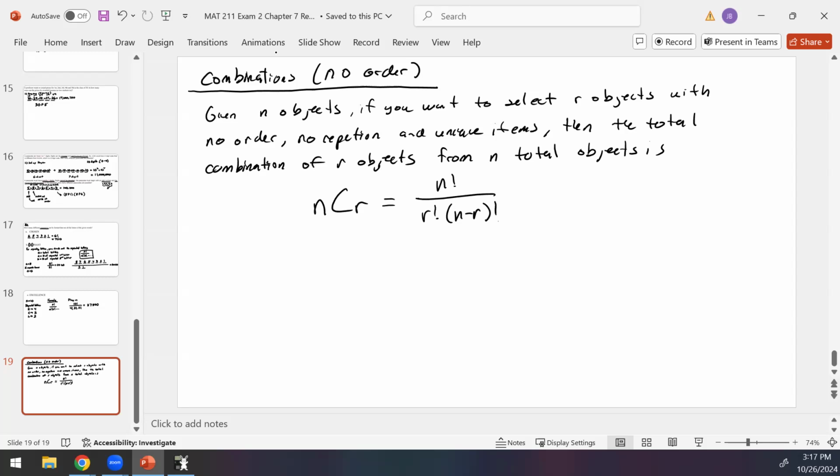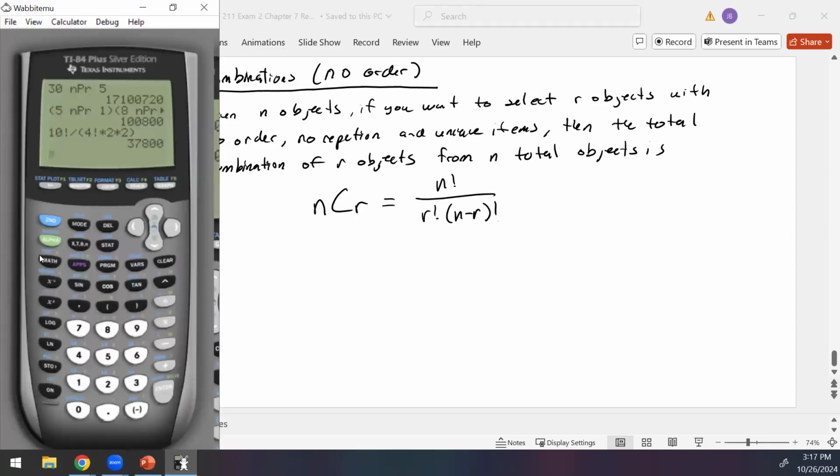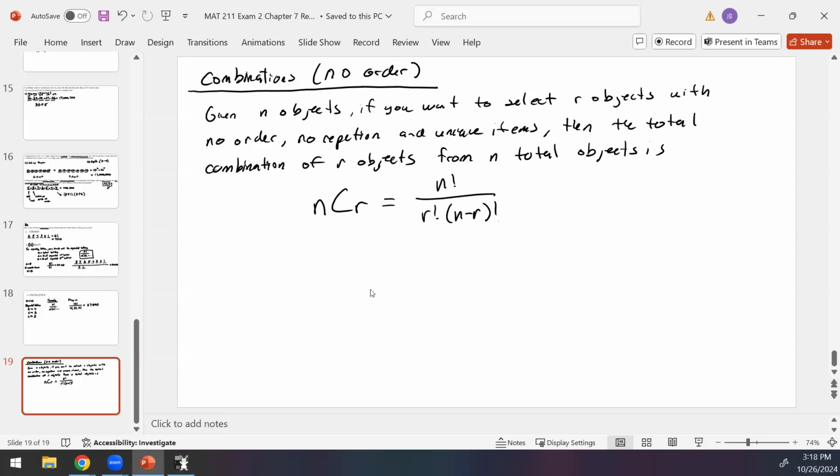It's very similar to the permutation formula. It just has that extra R factorial. And on the calculator, it's just math, PRB, option number 3. That's all it is.